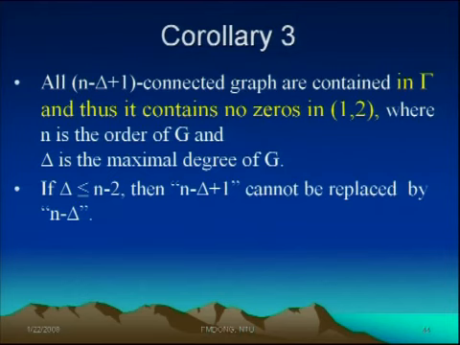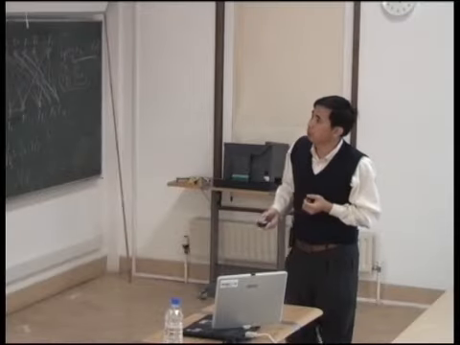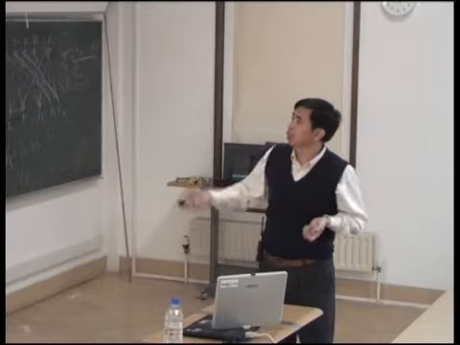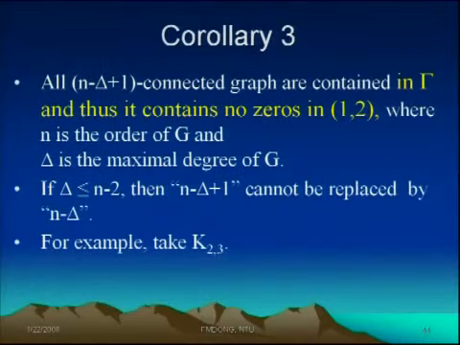We cannot replace n minus delta plus 1 by n minus delta when delta is less than or equal to n minus 2. The example is K23. K23 is a 2-connected graph, but K23 has a zero between 1 and 2.